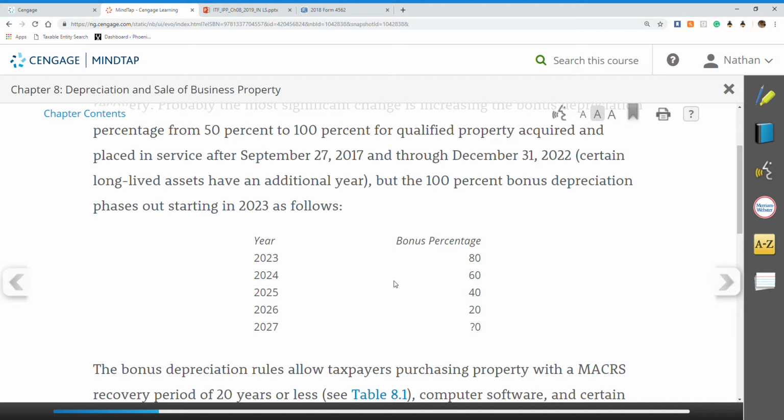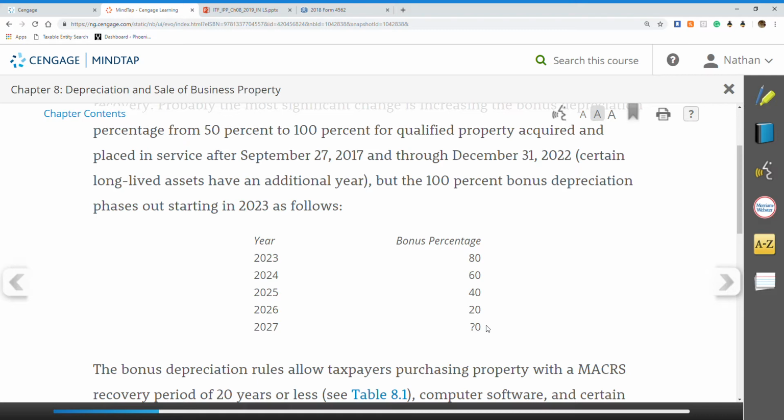So if you want something to actually know later on, this is the phase out going on. Once 2023 hits, it starts to go down to 80, then it goes down 20% each year until it hits 0. Notice it put a question mark. Again, don't know how the law is going to change by 2027.